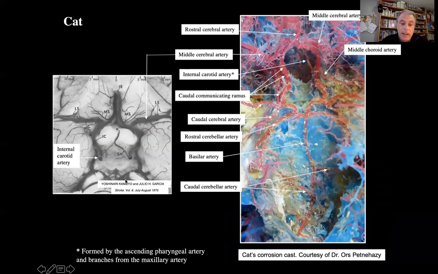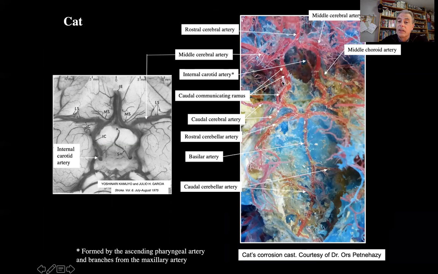Again, in this paper, this is a very nice paper, and they are showing us the internal carotid artery in a cat. Here is a corrosion cast, and as this corrosion cast is viewed from dorsal to ventral, it's difficult to identify the internal carotid artery, but this internal carotid artery is located here.